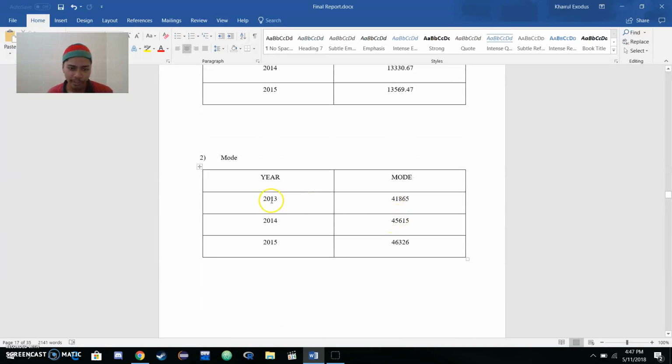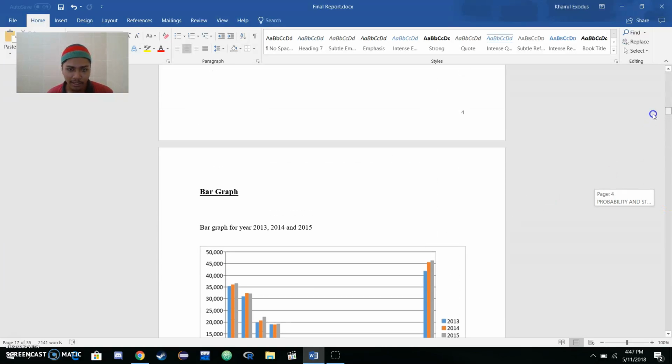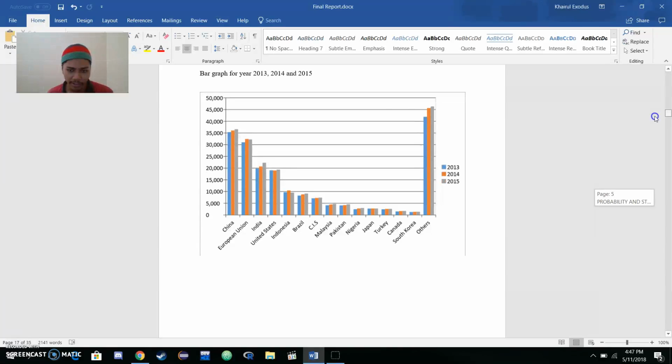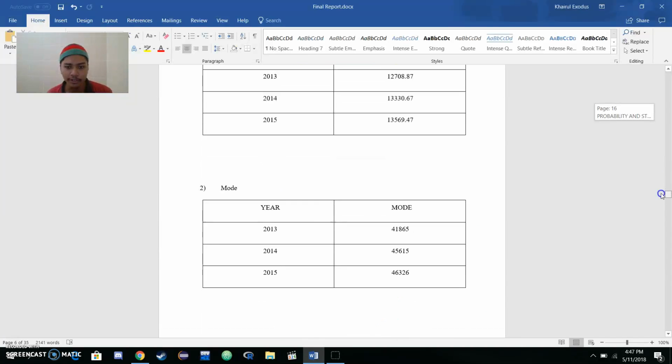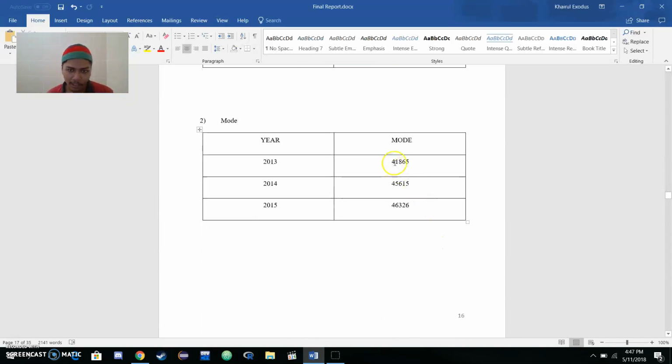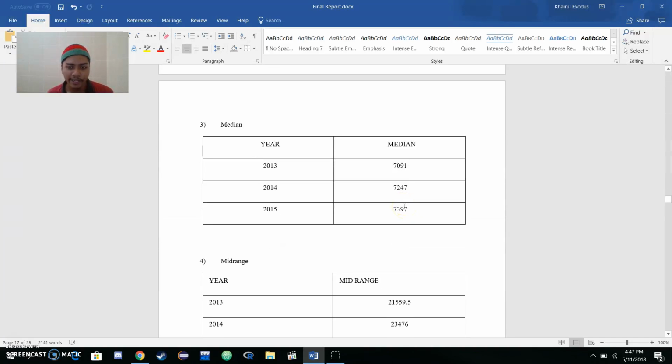For the mode, the highest is the country others, so of course it covers the mode, which is the maximum: 41,865, 45,615, and 46,326.